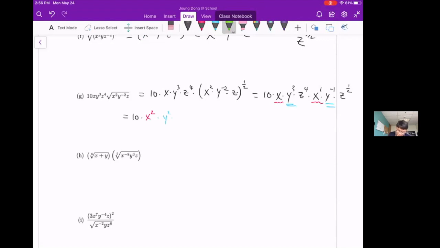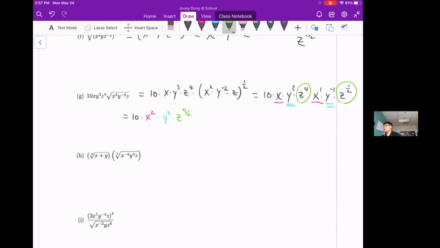And then z to the 4 and z to the 1/2, right? Z to the 4 plus 1/2. What is 4 plus 1/2? 4 is 8 over 2 plus 1/2, which is 9 over 2. That's it. Since there is no negative power, that is the simplest form, okay?